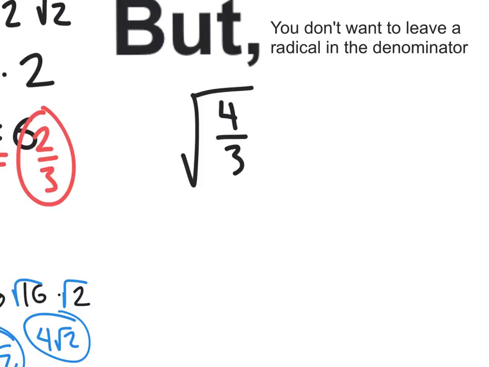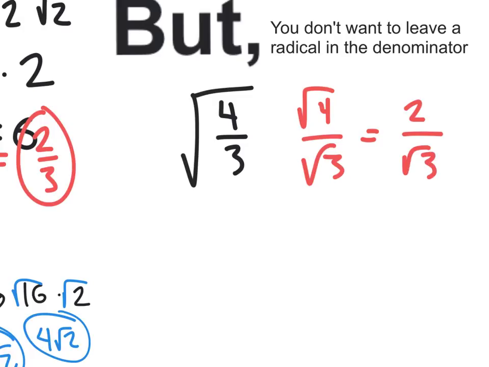You're going to split the root, and you'll have the square root of 4 over the square root of 3, and the square root of 4 is 2, and the square root of 3 stays on the bottom. Now, the problem is you cannot have a radical in the denominator. And in this case, you really do have a radical in the denominator.